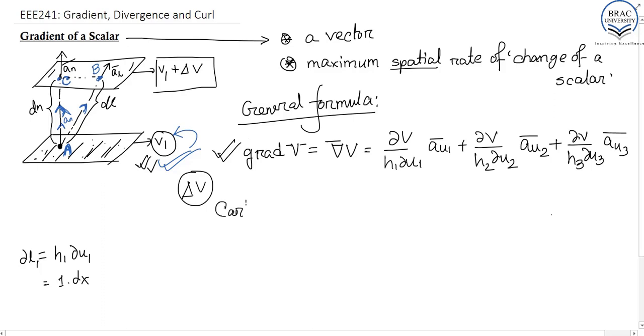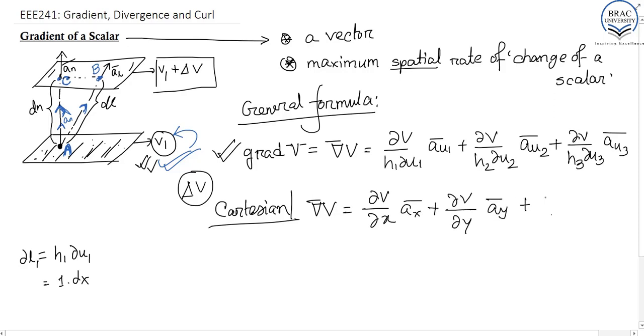So in case of the Cartesian system, the formula of the gradient then stands as dV/dx ax plus dV/dy ay plus dV/dz az. In case of the cylindrical system, however, the formula looks like this.